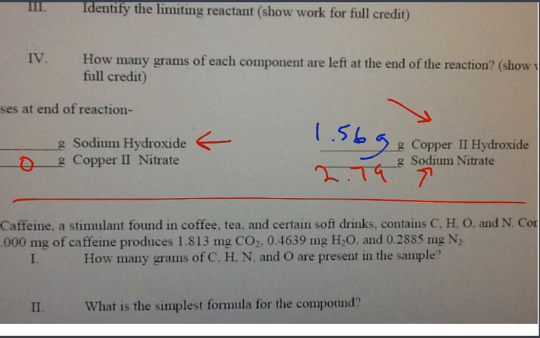The last thing that we need to figure out is just our sodium hydroxide, which is our excess reactant. So let's go ahead and figure that out. First, I need to find how much we started with. So our start of sodium hydroxide was equal to 6.25.